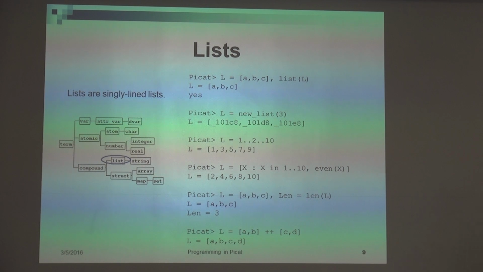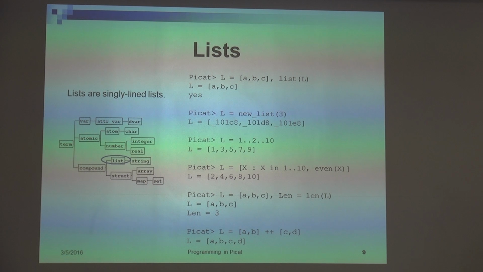Lists. There are different ways you can write lists. You can write a list by listing the elements in the list. You can also use new list to create a list by giving the number of elements you want to create. When you use new list, in the beginning, all the elements are free variables.